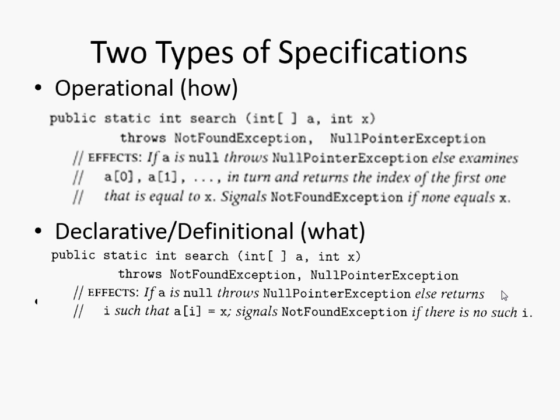Now, could you imagine something that's made clear in the first, that's left unspecified in the second? This first of them, what is pinned down here that's left up in the air here?